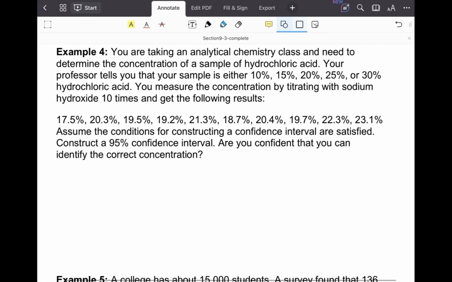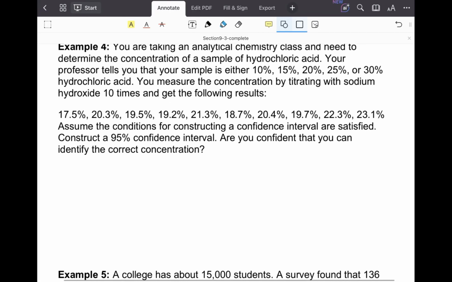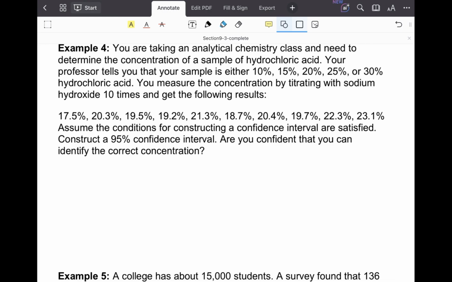Okay, so here's another example. It says you're taking an analytical chemistry class and need to determine the concentration of a sample of hydrochloric acid. Your professor tells you that your sample is either 10%, 15%, 20%, 25%, or 30% hydrochloric acid.